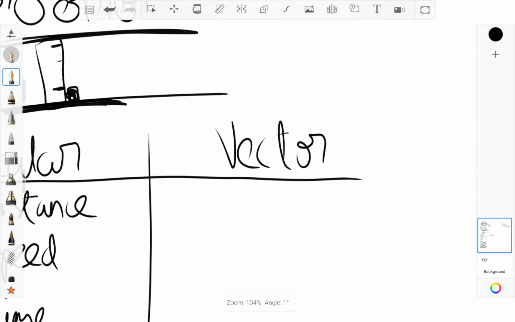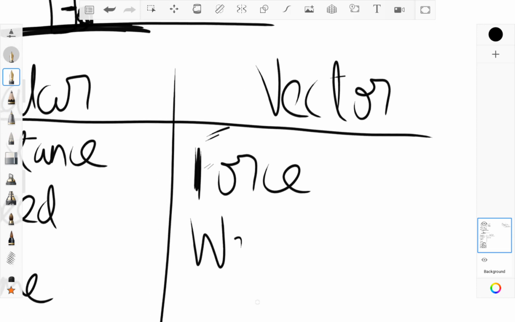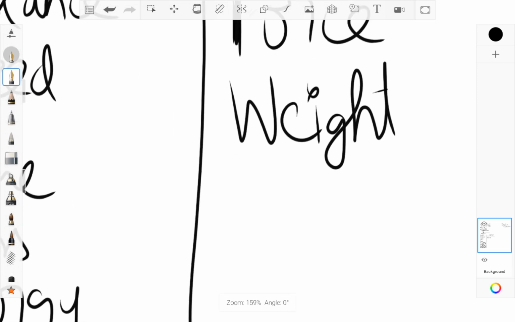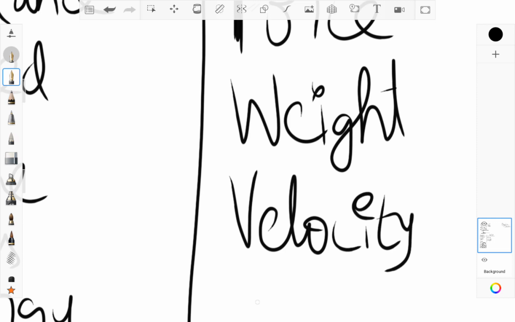Some of the vector quantities that you must know include force. So forces have direction. Another one that you need to know is weight, because the weight of an object is always downwards. Velocity. So velocity is very similar to speed.